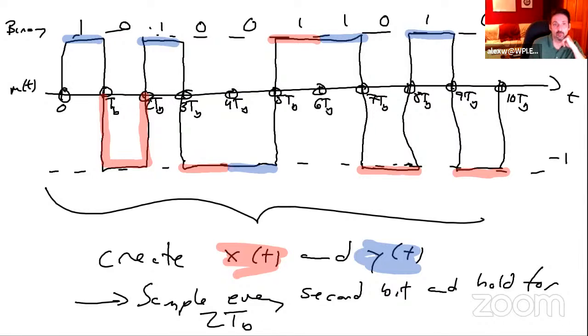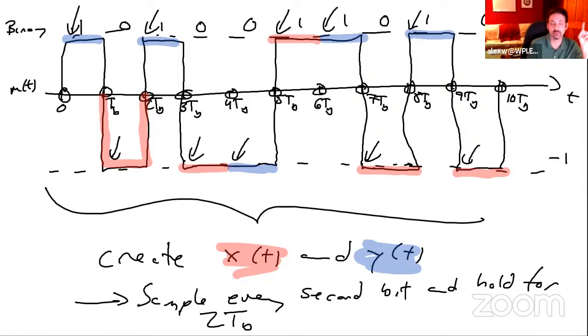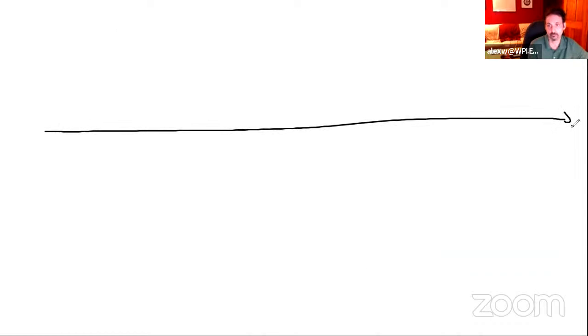So what I'm doing is I sample here, here, here, and I hold the value not for 1 T_B, but for 2 T_B. This is really super important, because what I'm effectively doing is something like this.